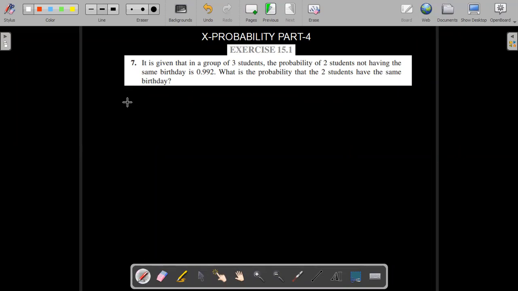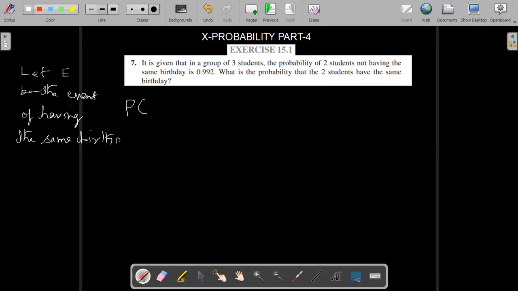Let E be the event of having the same birthday.